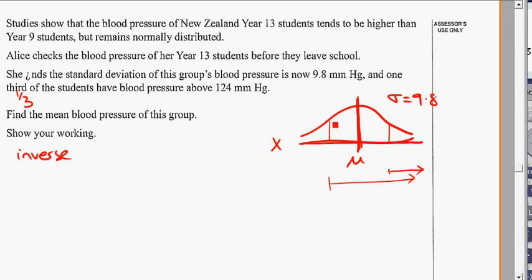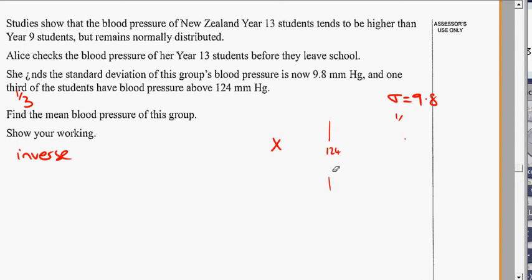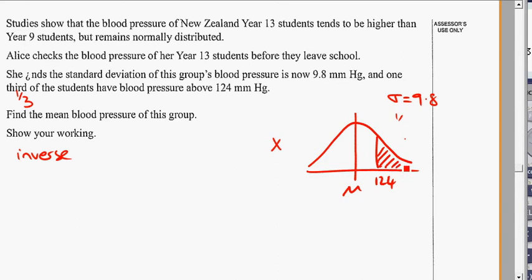So there's no way that all of that in there could be a third. This can't be where 124 is, because that is a lot more than a third of students having a reading above that. So it clearly needs to be on the other side of the picture, on the other side of the mean. So 124 must be here. The probability of students being higher than that is 1/3.